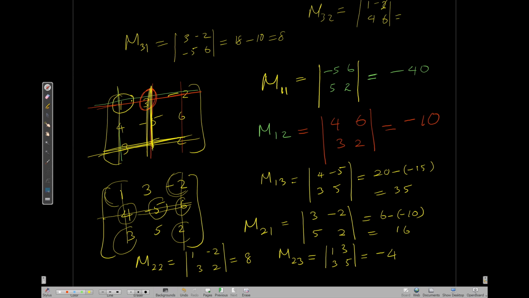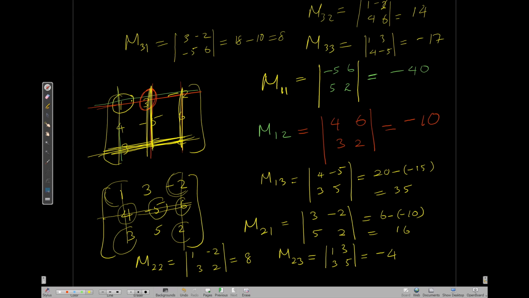You are getting 6 minus 8, which is 14. Last one, M33: you delete the third row, third column, so 1, 3, 4, negative 5. Negative 5 minus 12, negative 17.